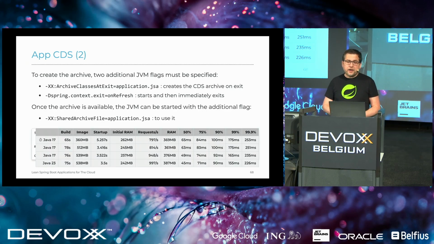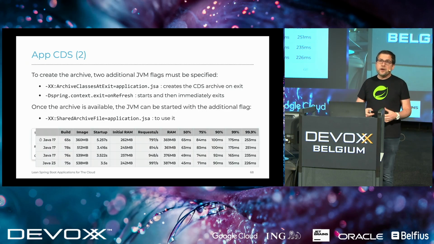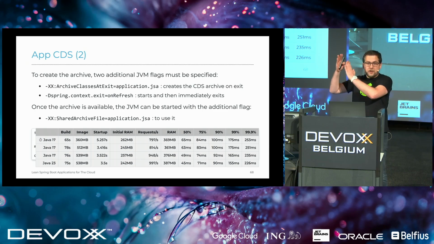So you see that with the parameters, and if I do that with these buildpacks, it's going to save in this application JSA. It saves all the classes which are loaded during startup. Now I can use a trick for a Spring Boot application, which is this Spring context exit on refresh. That means the Spring Boot application just starts up and it stops after the startup.